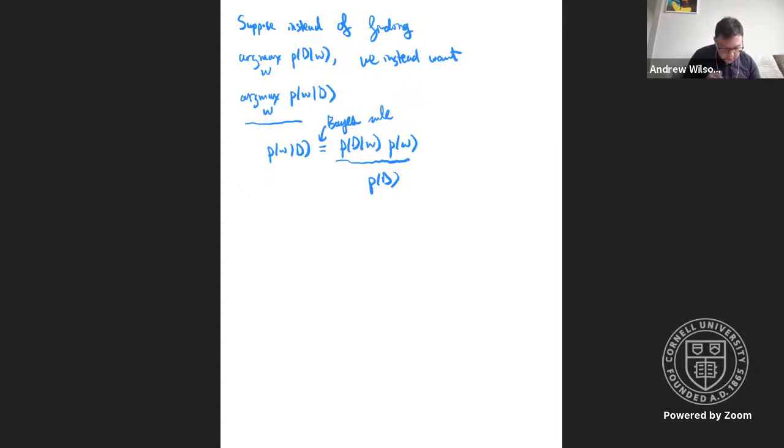Now, let's take the log of this thing, because as we saw, taking logs doesn't really affect our answer if we're doing optimization. So that's going to equal log of P of D given W plus log P of W minus log P of D. Okay, so log P of D does not depend on the parameters we're trying to estimate. So let's just forget about it for a moment.